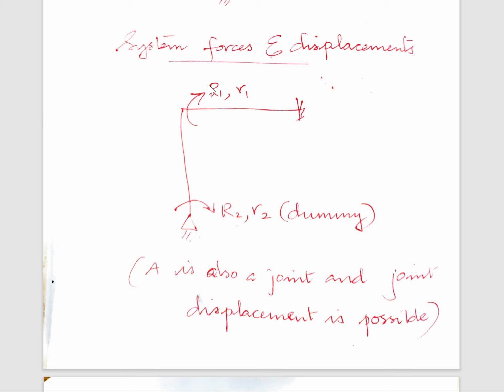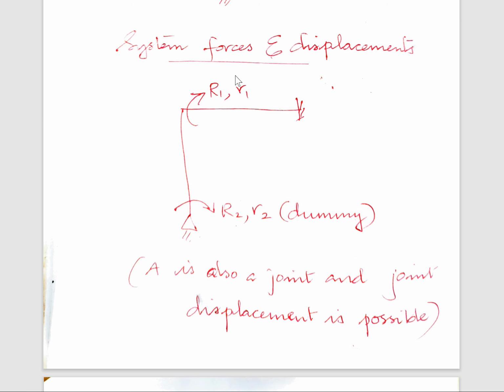But here we have one more joint. A is also a joint. So there also we have to find out the system displacement. For that, let's apply a dummy load capital R2 at A. So these are the system forces and displacements. At joint B we already have a moment, so that is taken as capital R1.